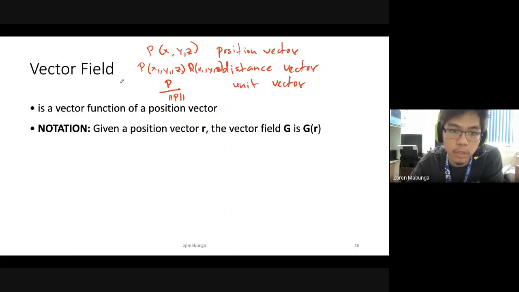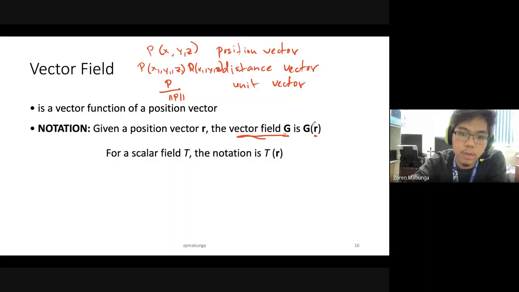For vector field, this is just a vector function of a position vector. So for example, given tayo ng position vector R, the vector field is represented by this notation, G of R. Okay? Yung G will be your vector field and yung R is position vector.